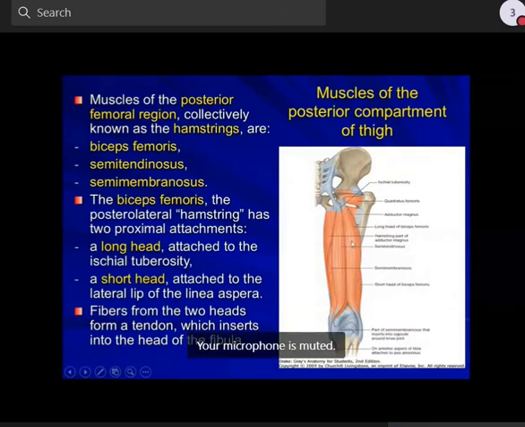The long head of biceps femoris tilts the pelvis backwards, while the short head tilts the pelvis forwards.